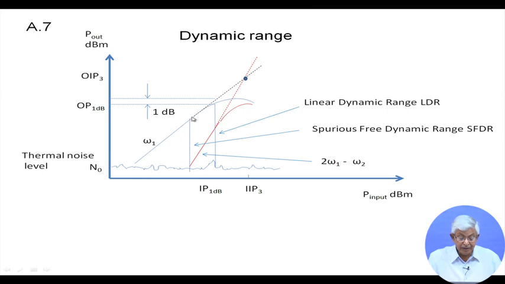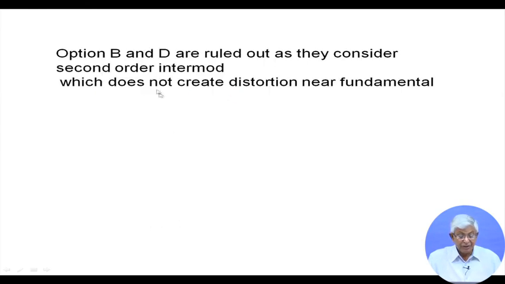That is when the signal power to the noise level ratio is what is spurious free dynamic range. You see, spurious free dynamic range, third order, is when it is just coming out of the noise level. This is third order 2 omega 1 minus omega 2, or another third order, near one of the fundamentals. So, the options B and D are ruled out because they are talking about second order intermod.